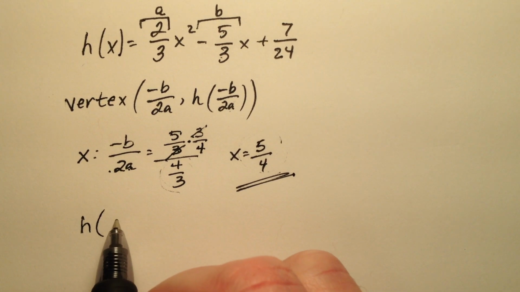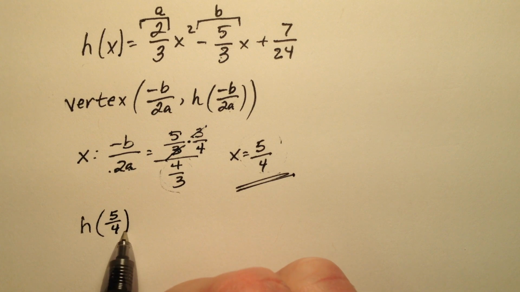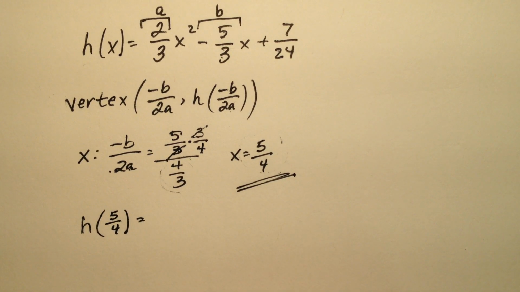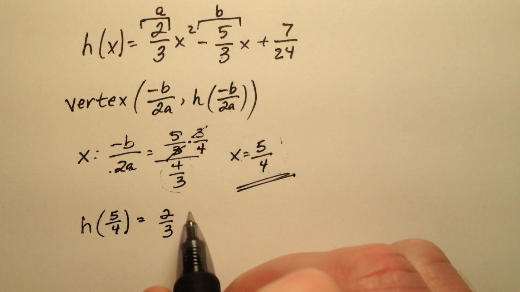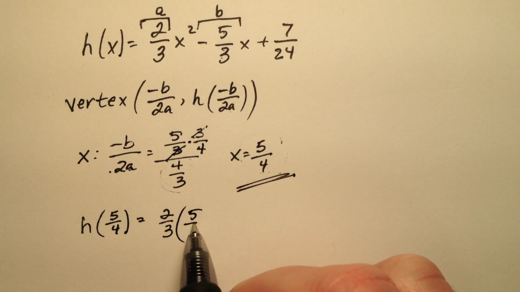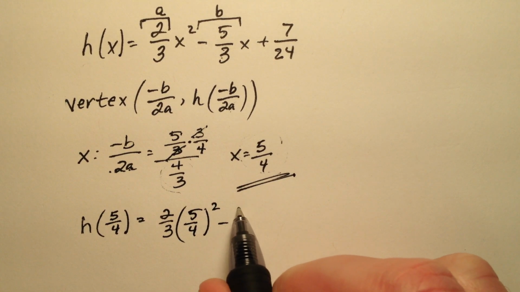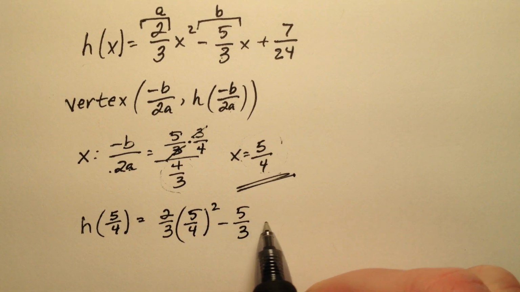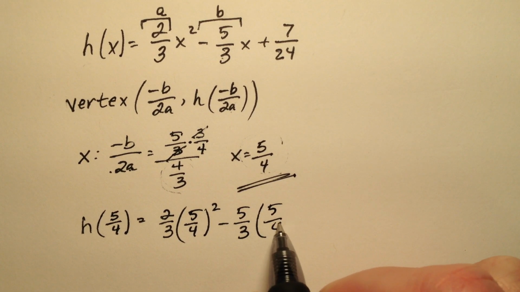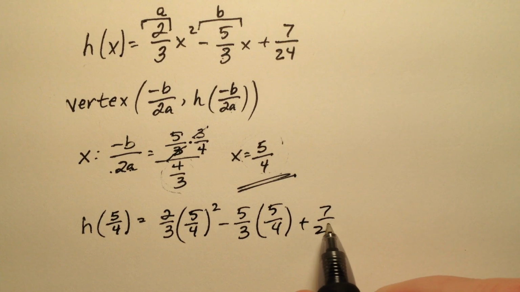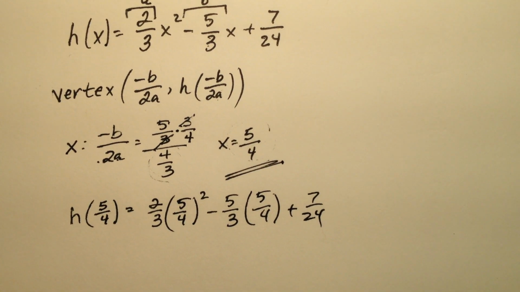So h of 5/4. And I'm going to have some fraction business to tend to. So I'm going to say 2/3 times 5/4 squared minus 5/3 times 5/4, and then plus 7 over 24.